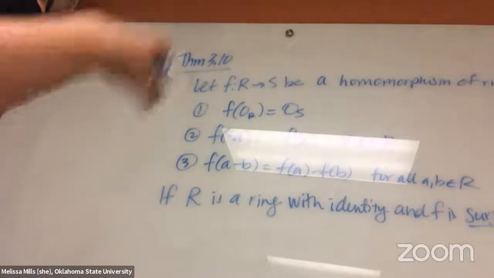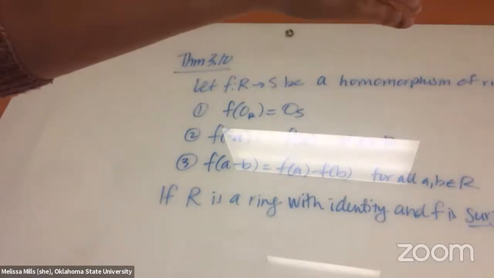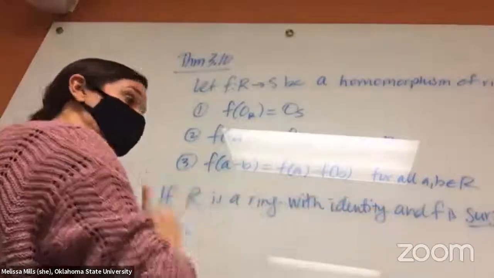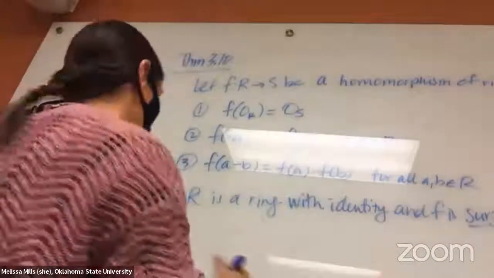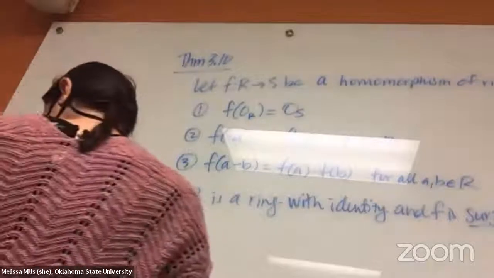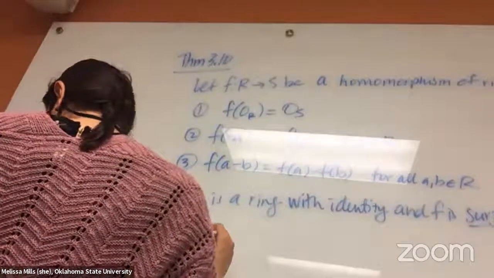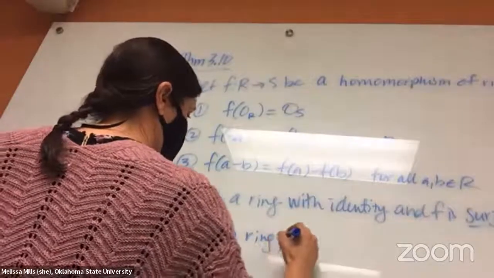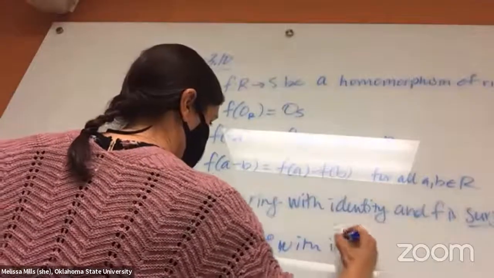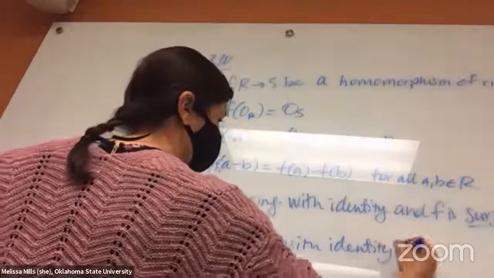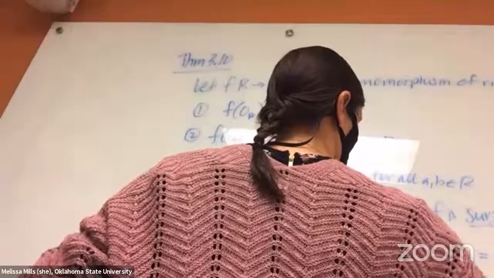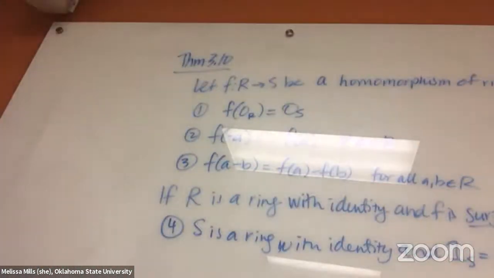So in that case, 1 did not map to 1. We had a different one. But here, if we have a ring with identity and a surjective map, we're going to get that 1 goes to 1. Okay, so that's the next one. S is a ring with identity, so then you'll get 1 maps to 1.